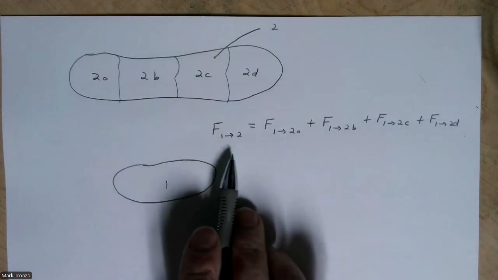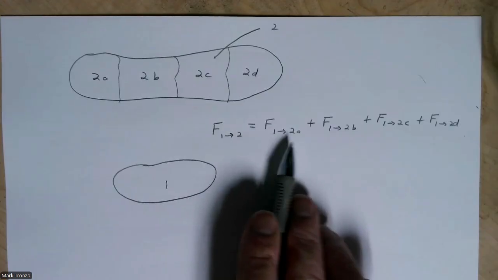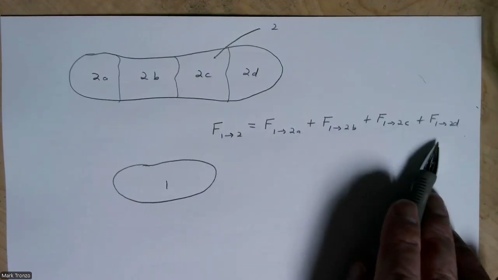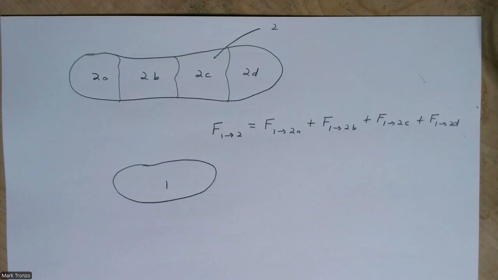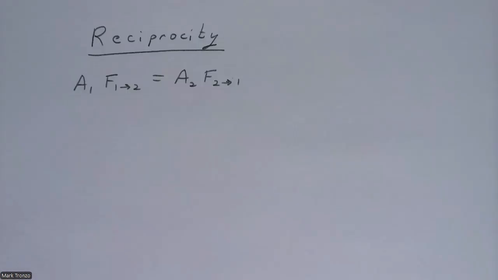So F1 to 2 is equal to the sum of 1 to 2A, 2B, 2C, and 2D. And we're going to do some examples in a minute here.